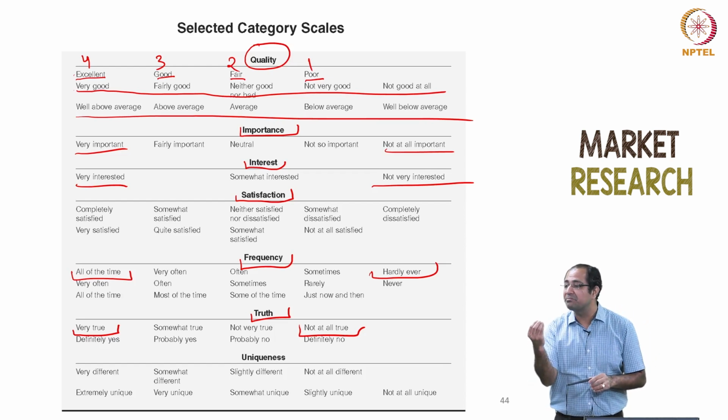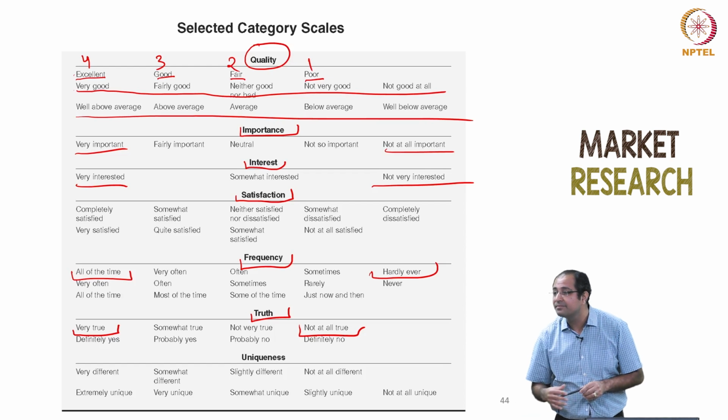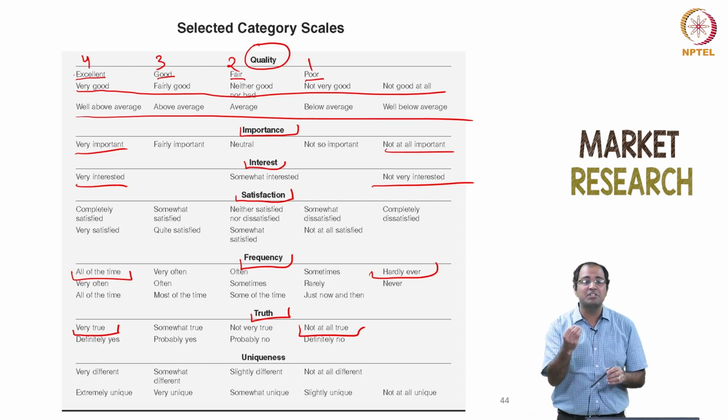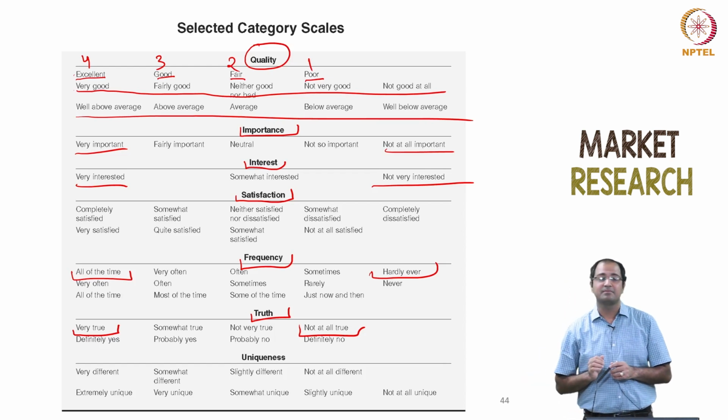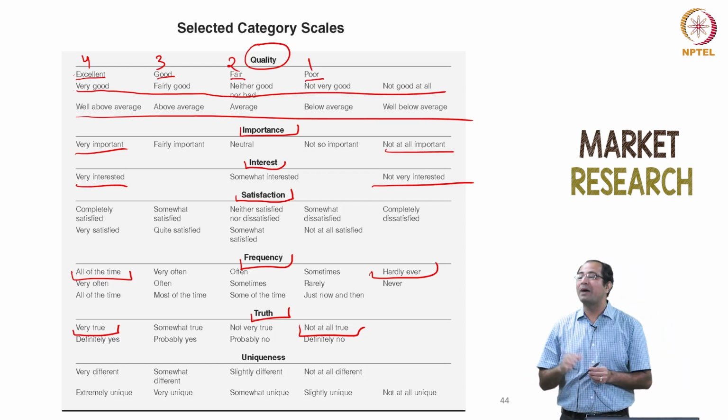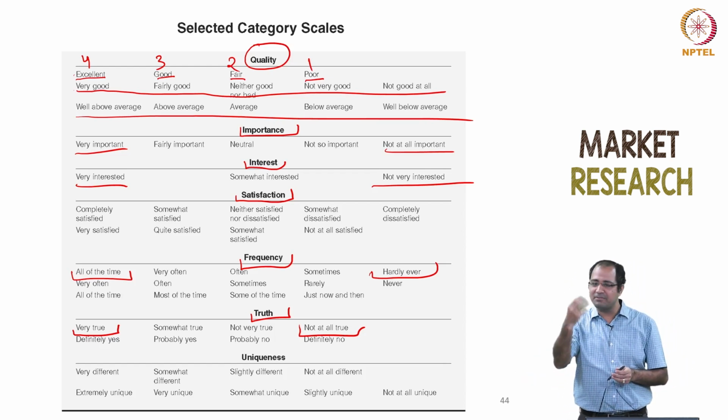Sometimes you use checks based upon social desirability, which means people, when they fill up the survey, sometimes try to appear socially desirable. You might have seen, socially desirable is a very interesting behavior.